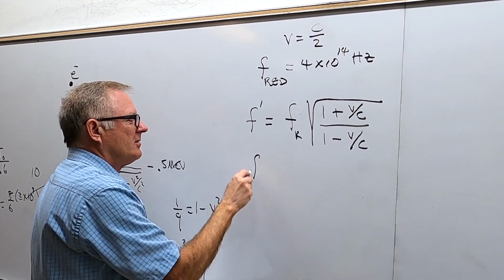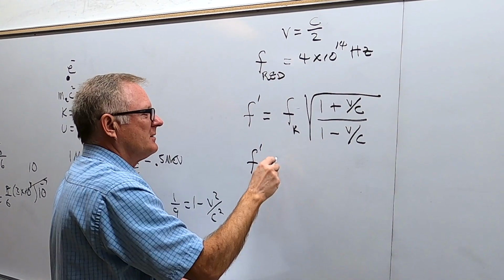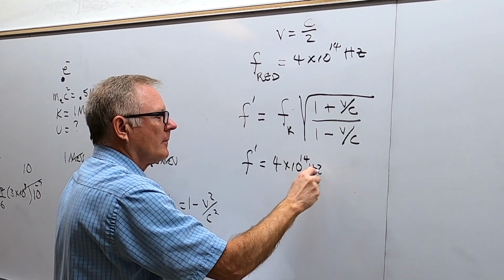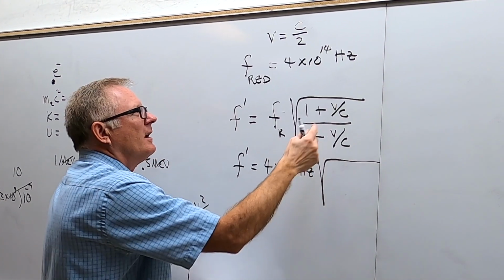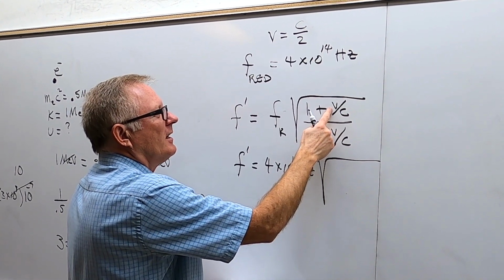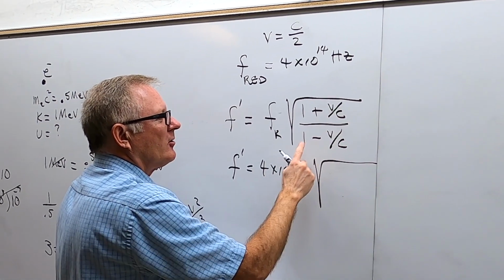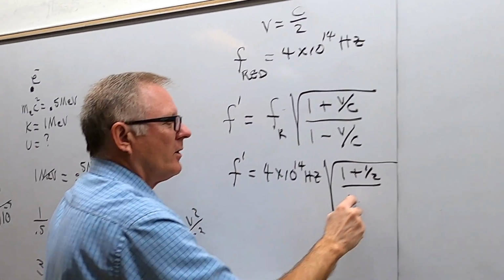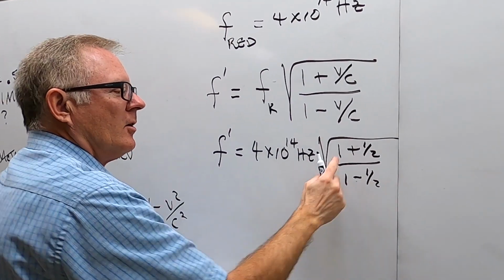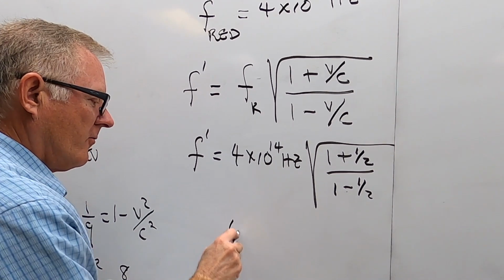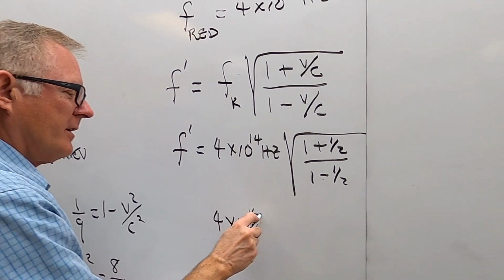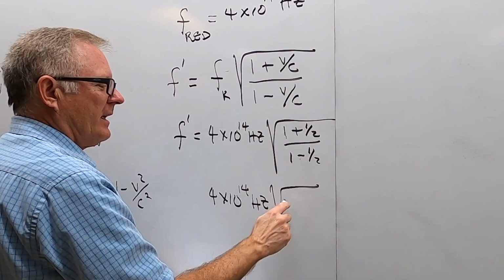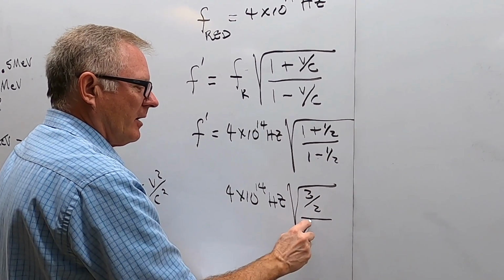So that means the frequency you measure is this frequency, 4 times 10 to the 14th hertz, times the square root. Since this is c over 2, this just becomes 1 plus a half all over 1 minus a half. This is 4 times 10 to the 14 hertz times the square root of 3 halves divided by 1 half.